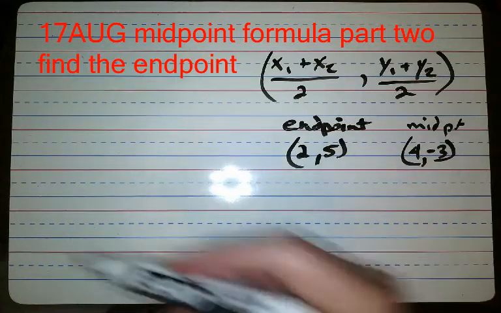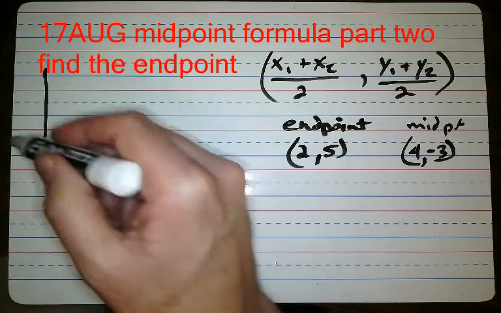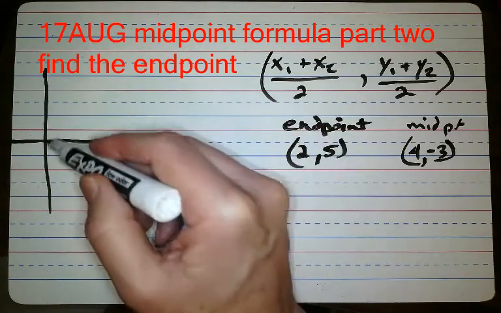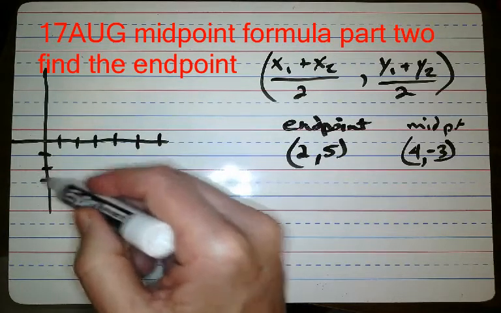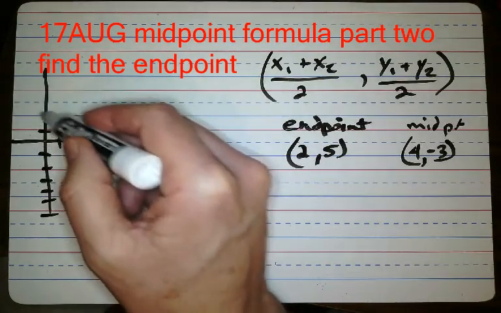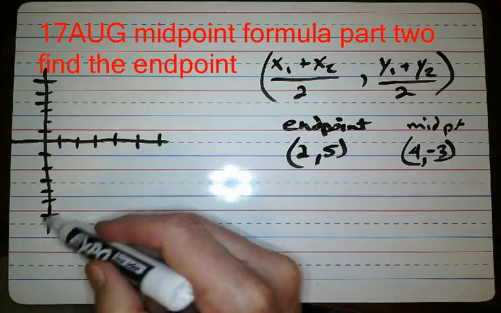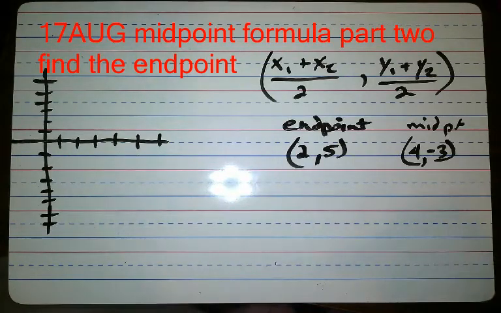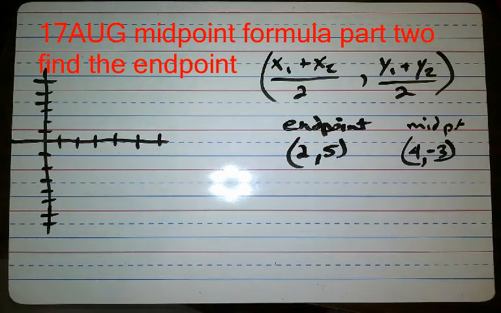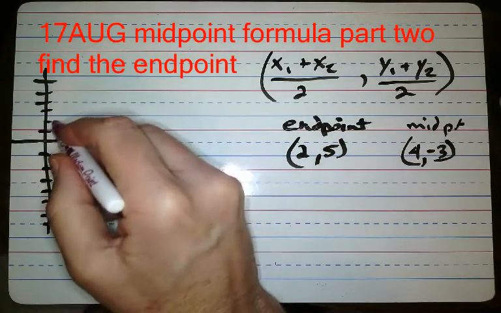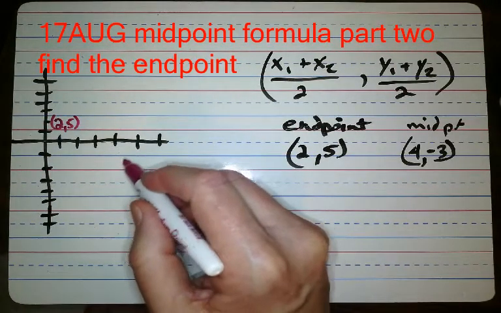Now, let's look at the picture so we know exactly what we're talking about. So the first point is 2, 5, and the middle is 4, -3.